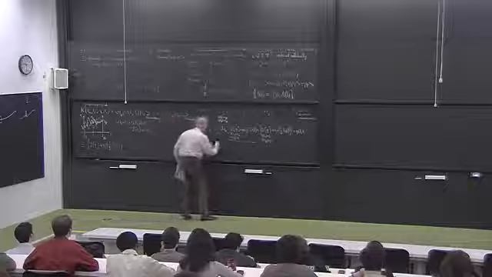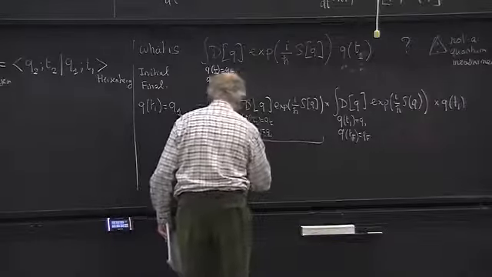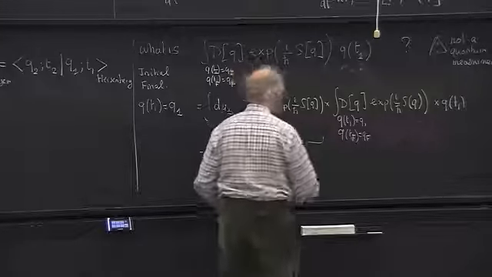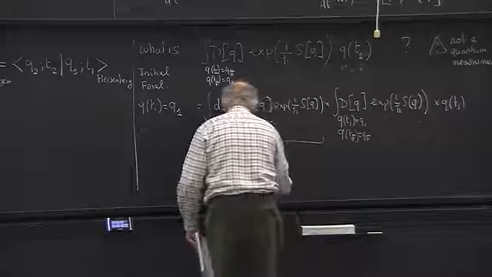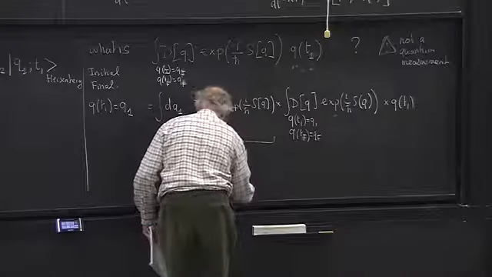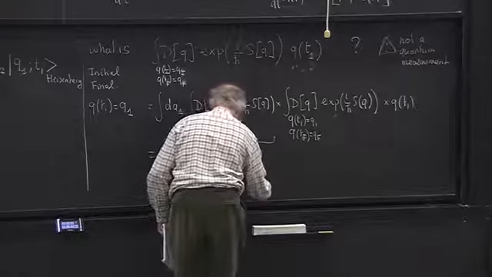So what is this? This is the integral over dq1. The probability amplitude to go from q, so let us write it in the opposite way. This is q final, U of t2, of t final minus t1, q1.